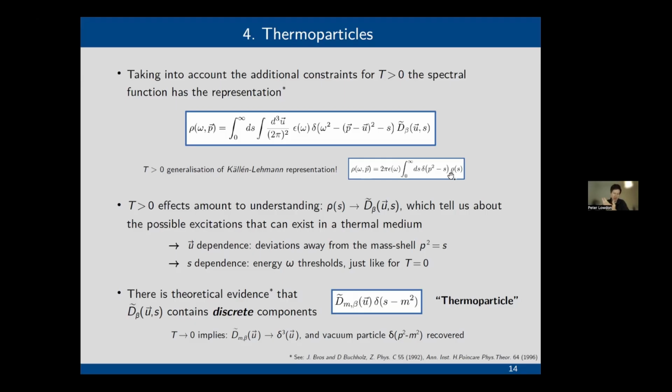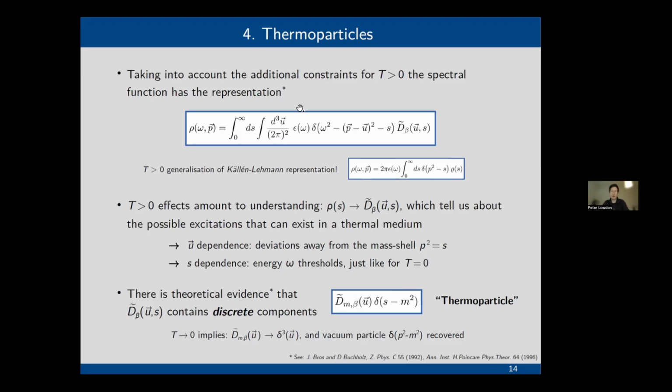Equivalently, you can write this in the form of a propagator as well. And this is the spectral density that tells you about the spectral excitations in your theory. For example, if you have a stable particle state, this would just be delta of s minus m squared, which gives you the standard spectral function of a stable vacuum particle state.